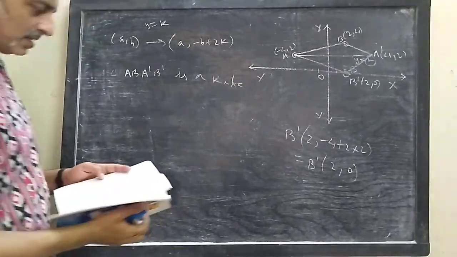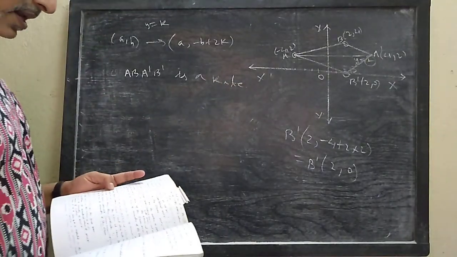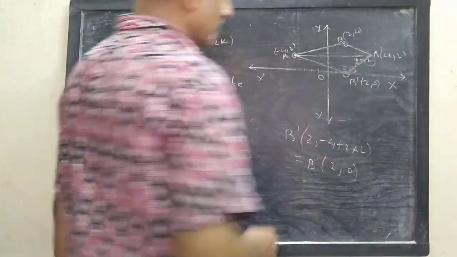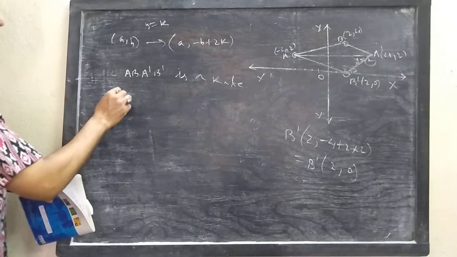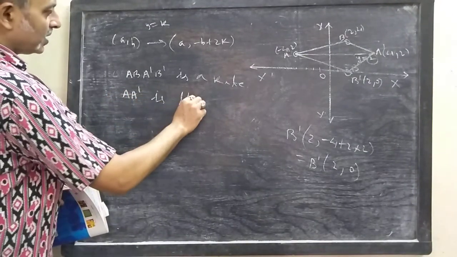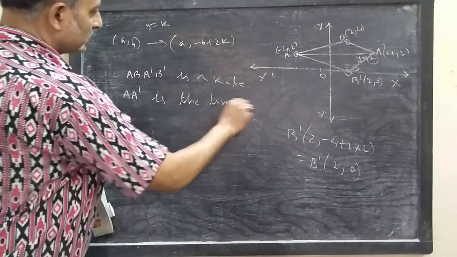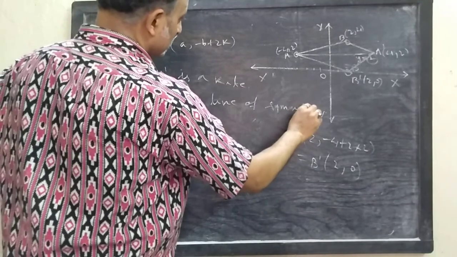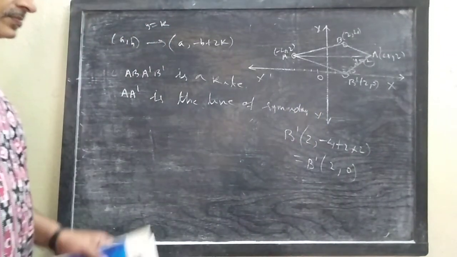This is the kite. Next question they ask: name a line of symmetry of the figure. Look, the line AA dash is the line of symmetry of the diagram.